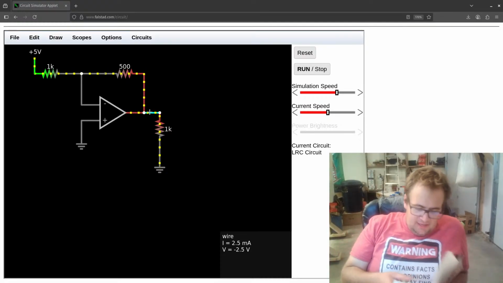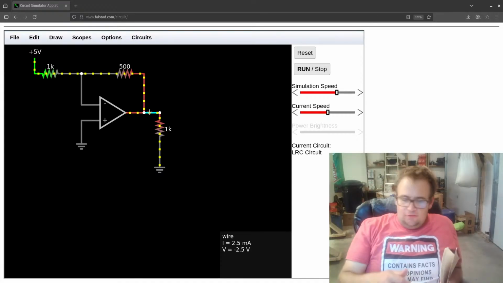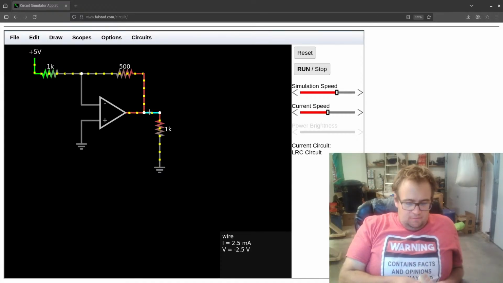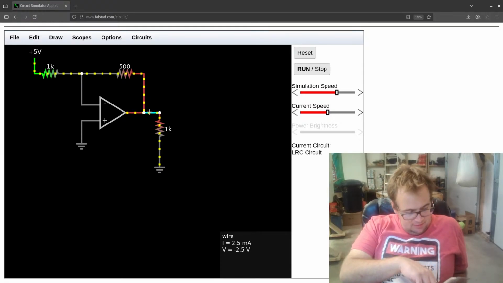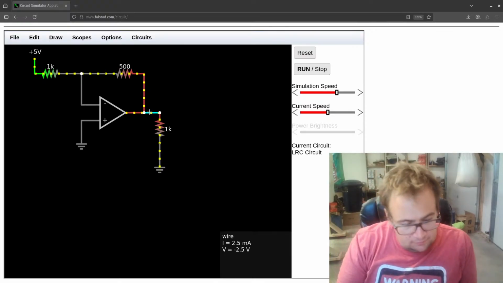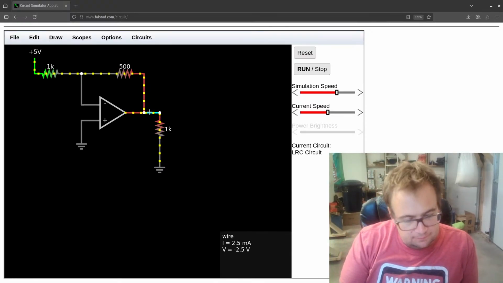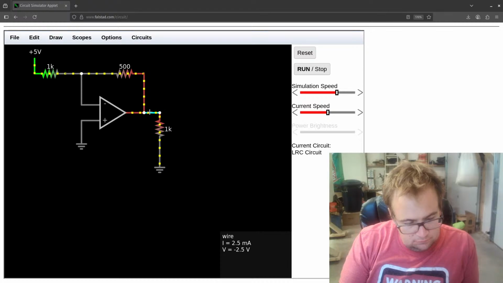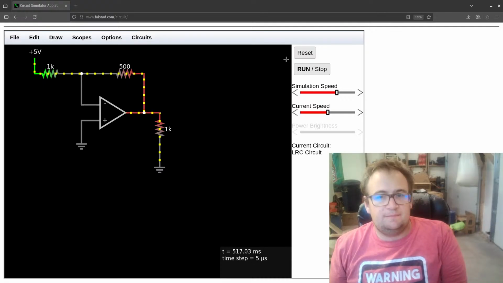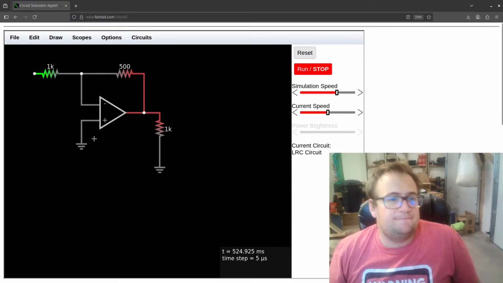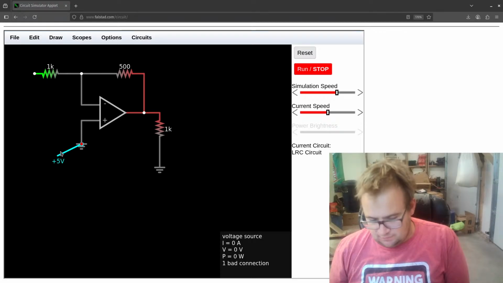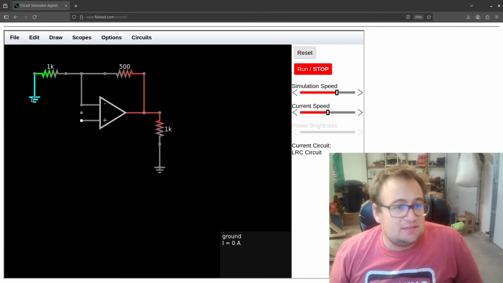So then we shall move on to the non-inverting amplifier. I'll just stop this. Now delete this. Oops, that's wrong. Move this up here.